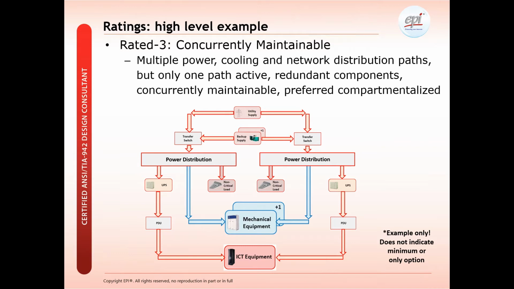In this particular case here, we've got an example of a rated 3 data center, which is concurrently maintainable. In this particular instance, we're just showing you the power and cooling, but we will also cover the network distribution paths as well. Concurrent maintainability is one active path and a redundant component path, or redundant path, to allow us to do maintenance and keep the IT running.